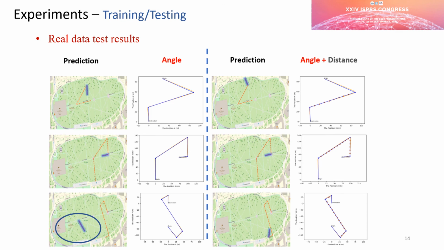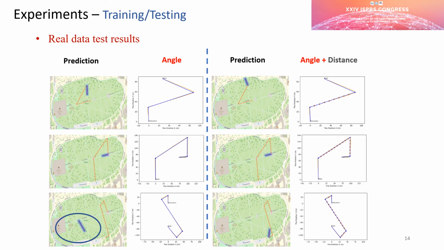Lastly, we show a few real data test results. Overall, what we want to achieve here is to locate our position on a given map based on motion trajectory. Here, all the trajectories are encoded using two different methods. The highlighted edge in the map is the final predicted location. The left side trajectory is encoded by only angle.